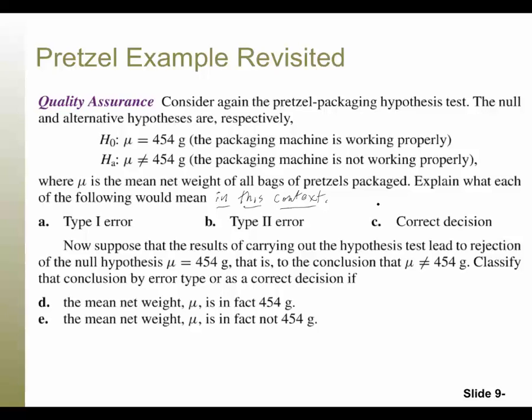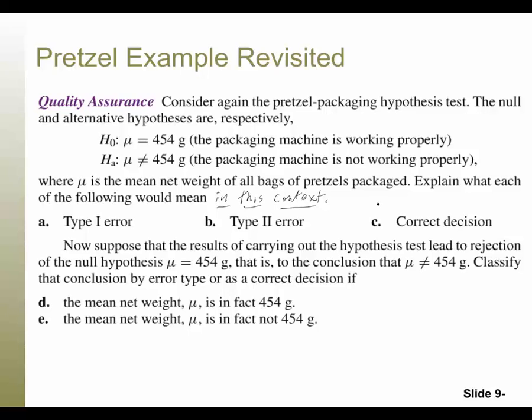The mean was not 454. That's what was true, or what the test we did? So this is the result. An error means that the result of the test and what's actually true don't match. When you have an error, you have the result of the test, and then you have what the truth is, and those don't match. That's when we get an error.